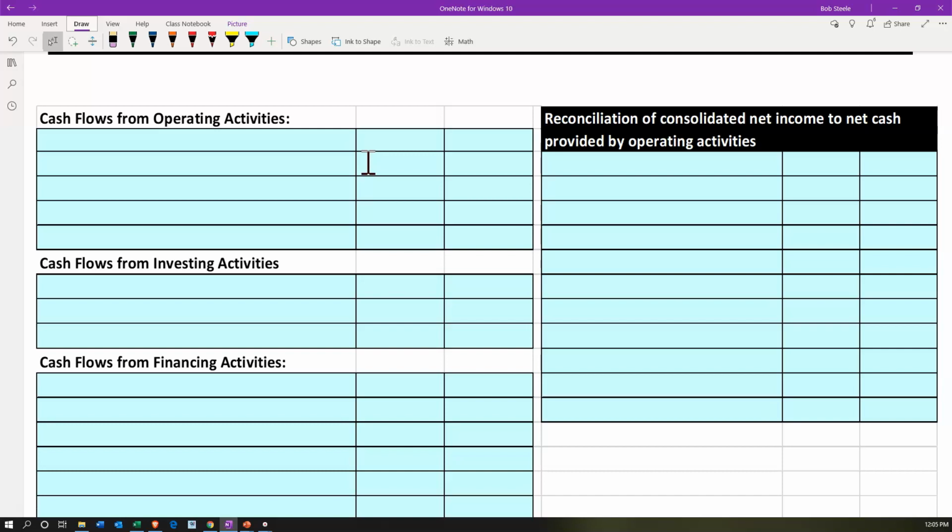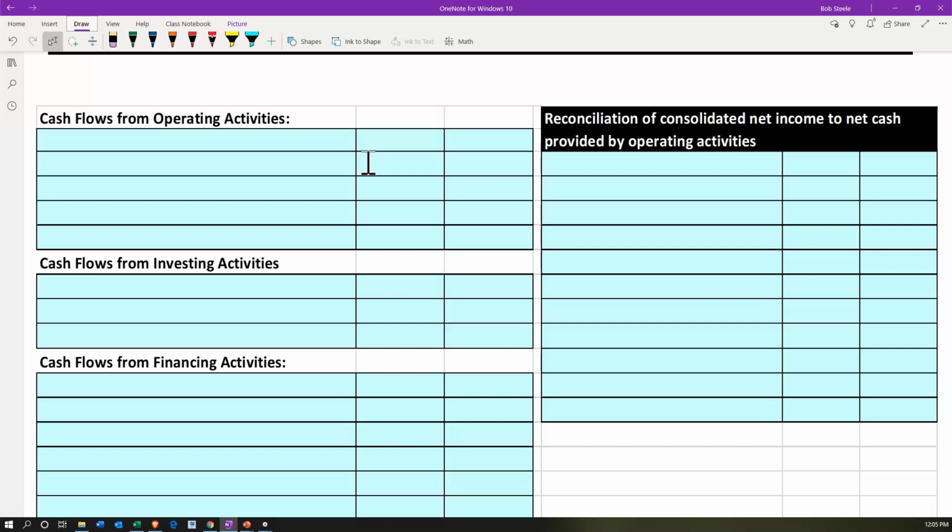That's more intuitive to look at, but it doesn't provide the reconciliation that the indirect method does, which actually ties out the net income. What's the difference, in other words, between the net income on an accrual basis and the cash flows from operating activities? There's not a reconciliation.